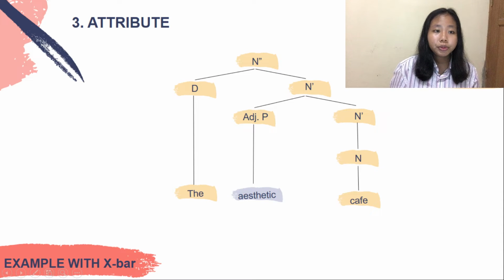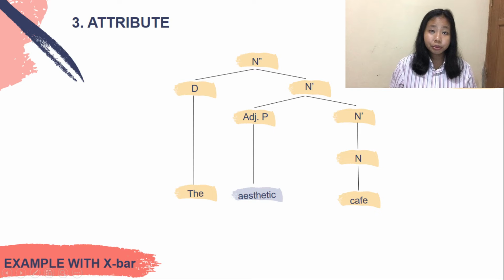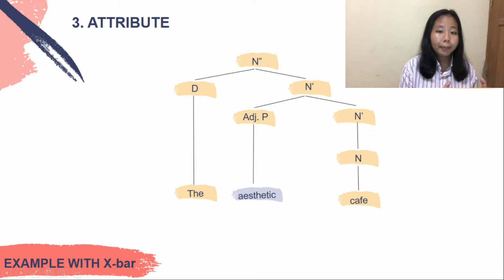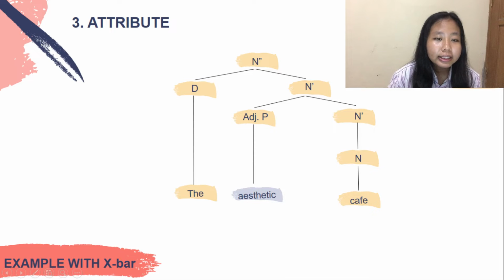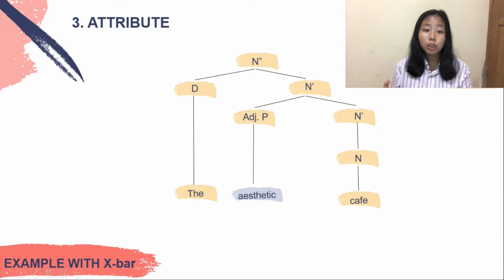Now move to the third example, attribute or adjunct. The example of attribute is the aesthetic cafe. Here, the tree diagram shows that N double bar branches into determiner and N bar. The determiner here is the word the. And N bar branches into adjective phrase and N bar.